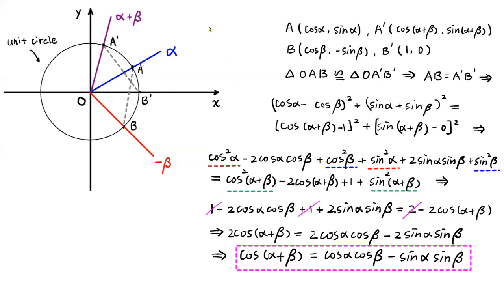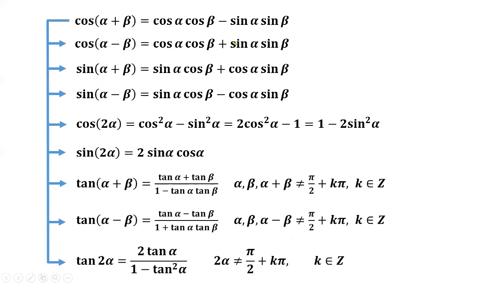All right, now let's have a look at other compound angle formulas. Basically, we have already proved the first one: cosine of the sum of alpha and beta equals cosine alpha cosine beta minus sine alpha sine beta. Based on this formula, we can also prove all of the following identities.